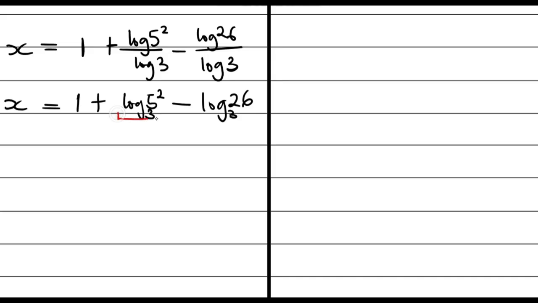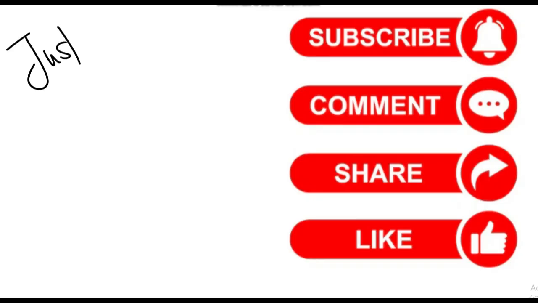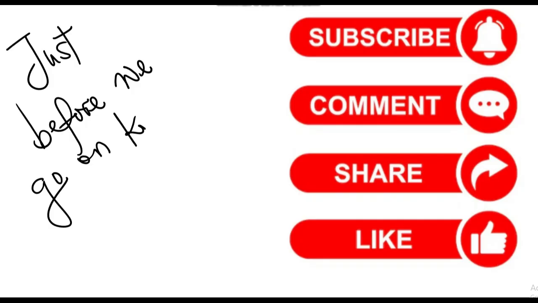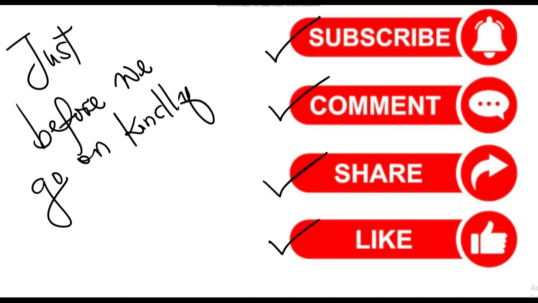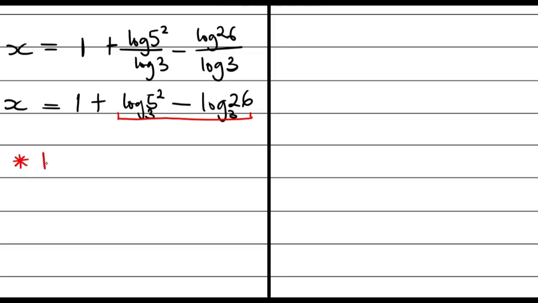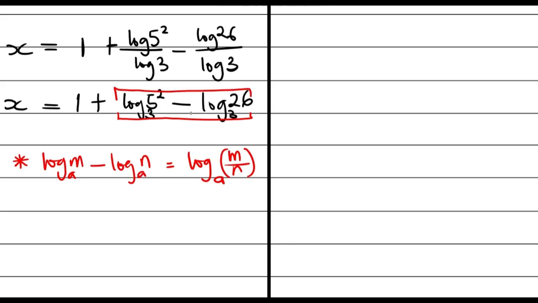For this part of the equation, we're going to use this rule: log m base a minus log n base a equals log of m over n, put in parentheses, with the same base. If this is applied carefully to this part, then we have x equals 1 plus log of 5 raised to the power of 2, that is 5 square, over 26.